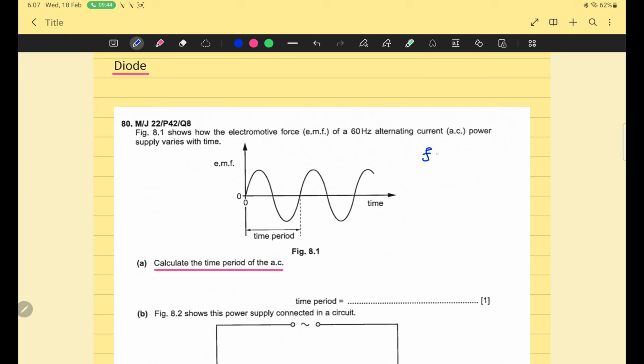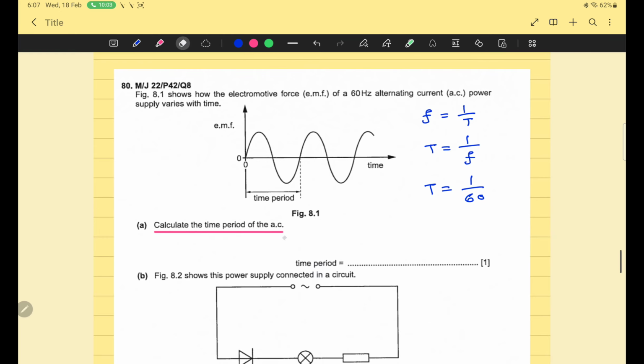You know, frequency is the reciprocal of time period, so time period is the reciprocal of frequency. Sir, frequency is 60 hertz. So if you solve 1 upon 60, then you can calculate time. So this is a very simple question.